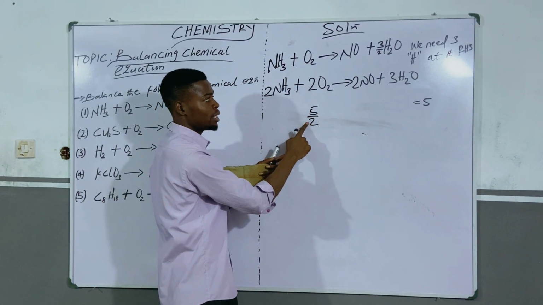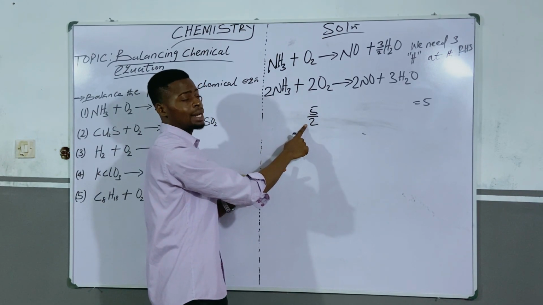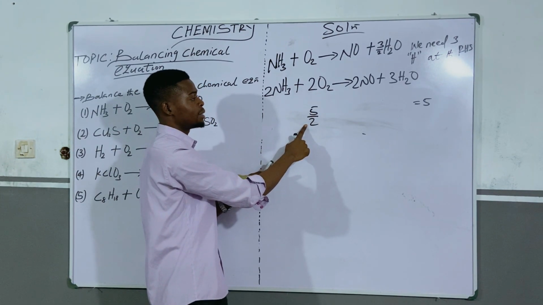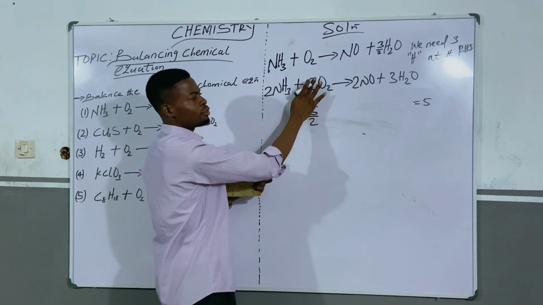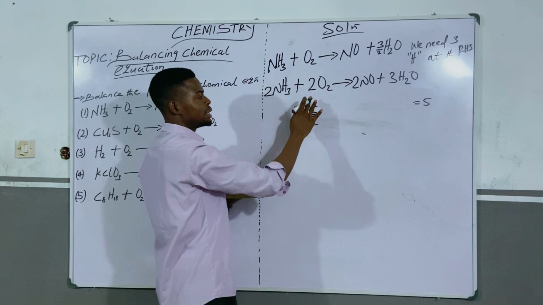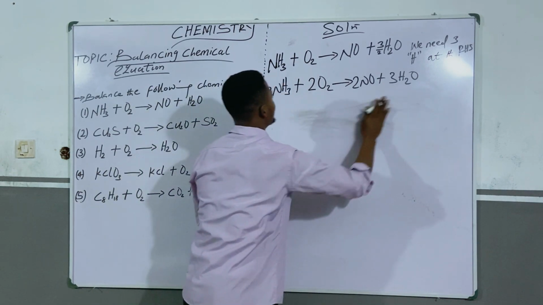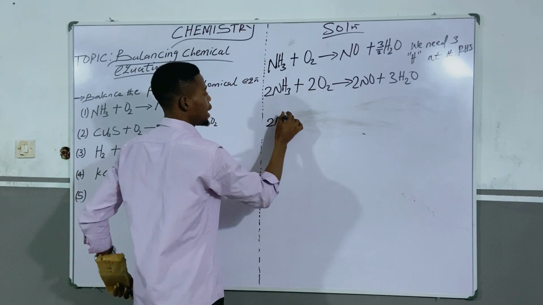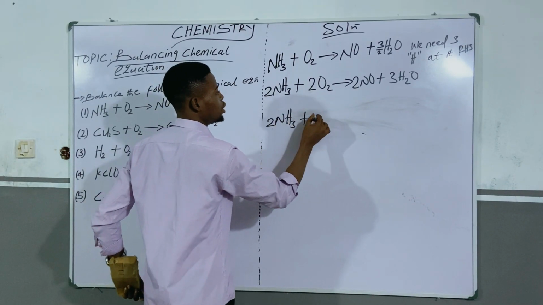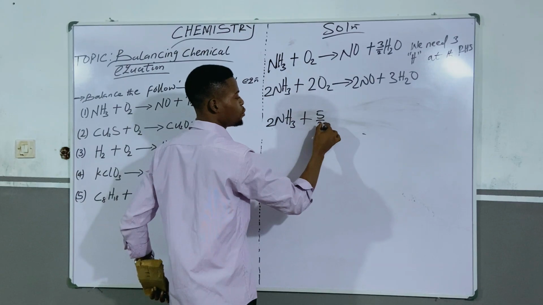Then this denominator here is the subscript of that element you want to balance, or the atom you want to balance. So we are going to get rid of the denominator you have there, then insert the fraction. So this implies we are having 2NH3 plus 5/2.